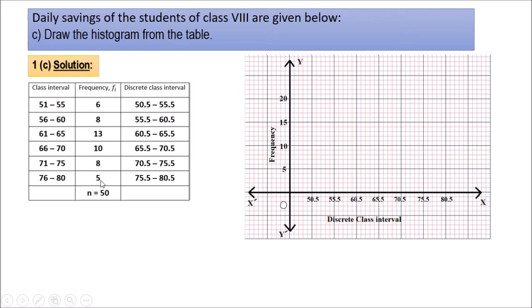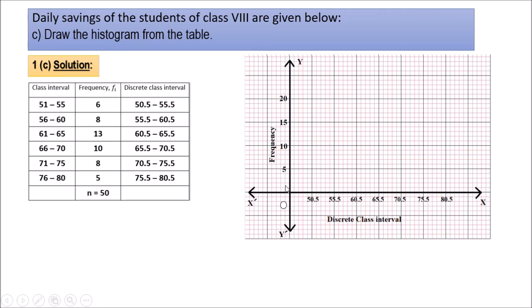It starts from 0 to the highest frequency, 13. So I counted 0 to 5 to 10 to 15 to 20. I don't need more because 13 is the highest, so I could have stopped here, but I wrote one more. So I don't need to write a lot. Look at the highest frequency and write this way.